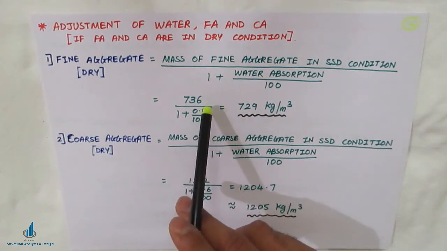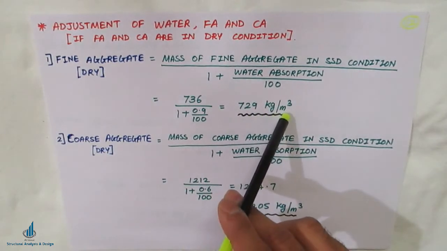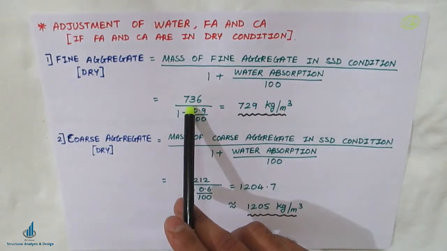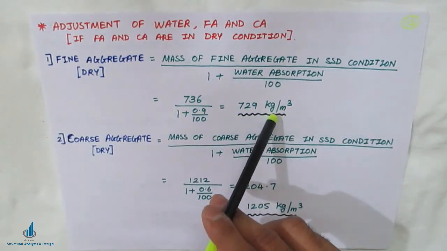If you calculate this, you will get 729 kg per meter cube. Correct? Previous was 736 in SSD conditions.